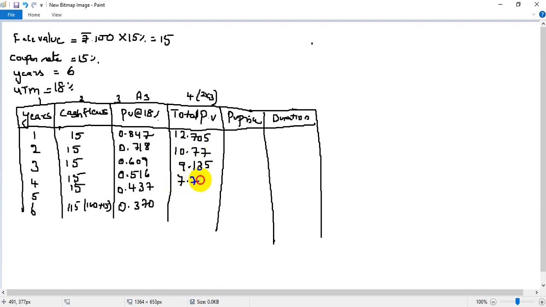Next 7.74. Next 6.555. And the last 42.55. You need to multiply all of them and total it up. This total is nothing but the price, you're going to name it as P0, the price. So 89.455.